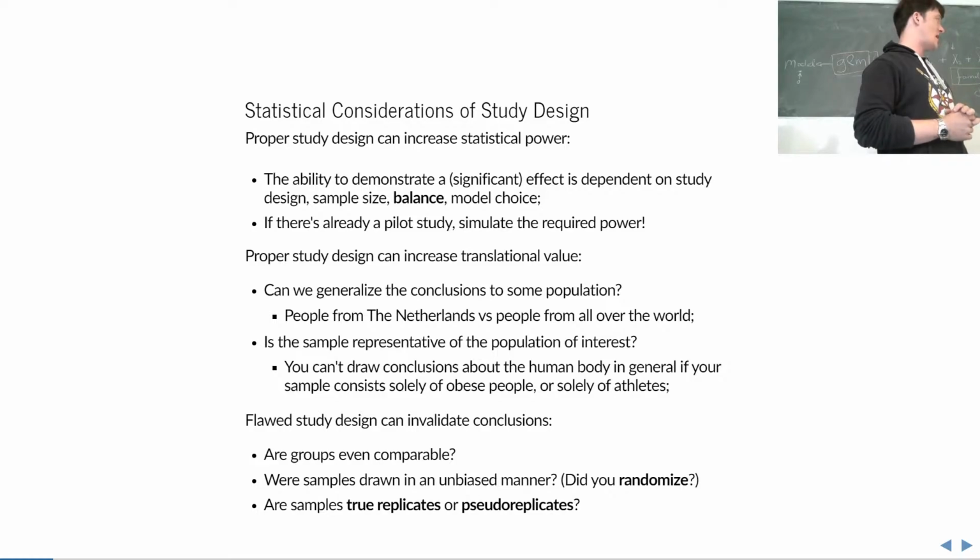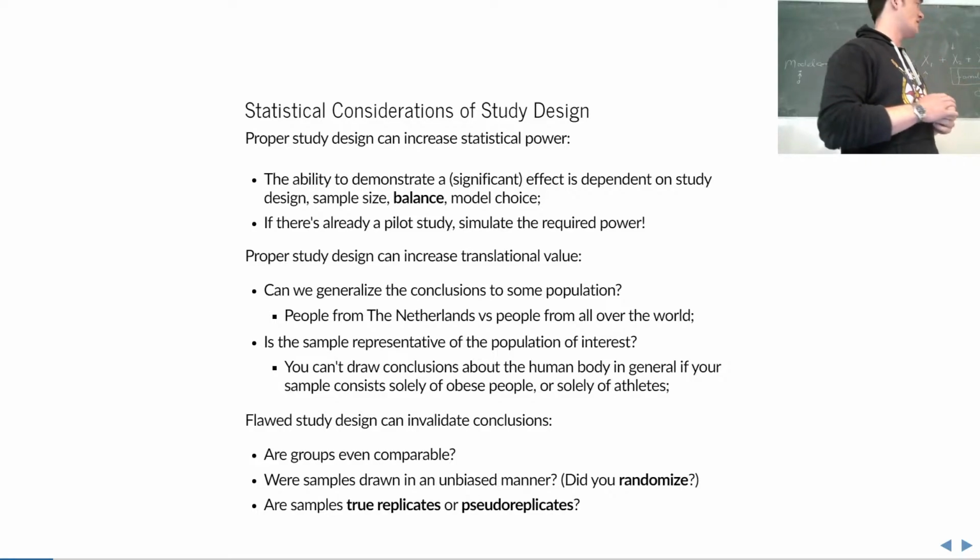Let's see how this medicine works on them, or how this intervention study works on them. Same for obese people, a very common sample used in science, but of course not representative of the entire population. So you have to be aware of what you can and cannot generalize your conclusions to.